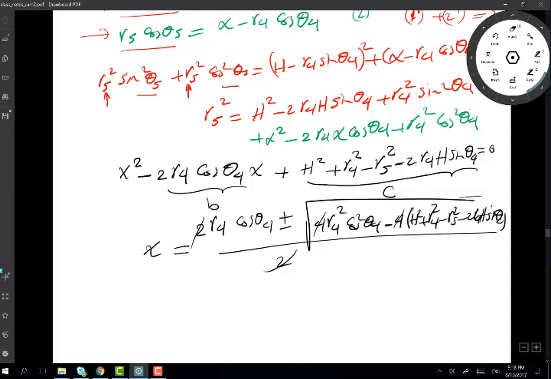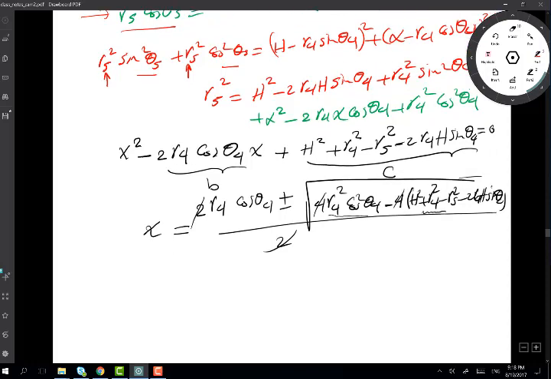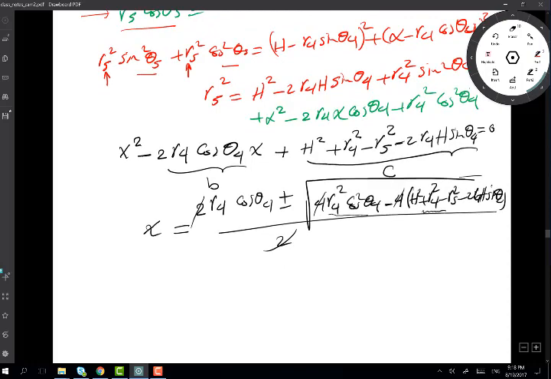Of course, you should be able to simplify this further, because this is R4 squared, and this here is R4 squared cosine squared, and those together will give you sine squared. So you can take common factors and simplify, but I'm going to leave it for you to simplify and just say we have two values for x.